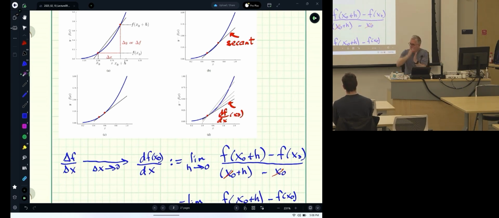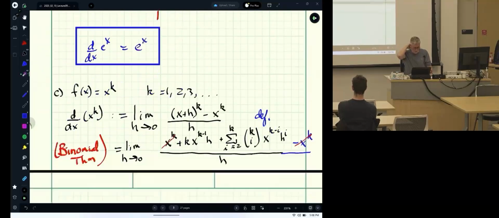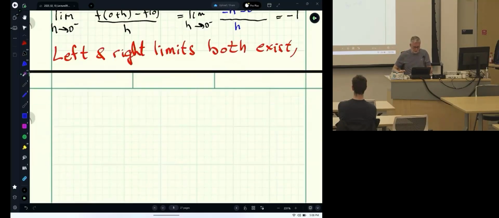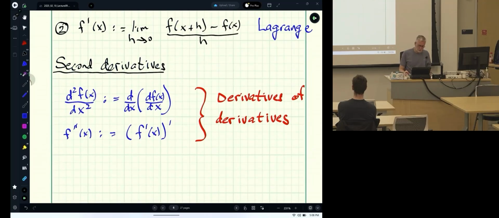So at each point, we're assigning a number, which is the slope, and that's the derivative. Okay, so d by dx takes functions into functions, unless you evaluate it at a particular point. So if you leave x free as a variable, differentiation is an operator on functions that gives you new functions.